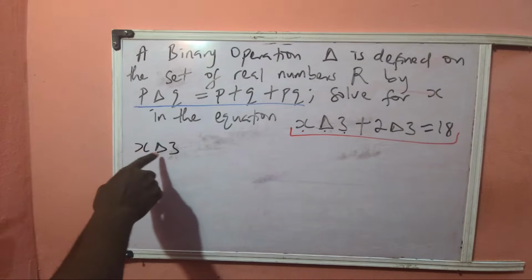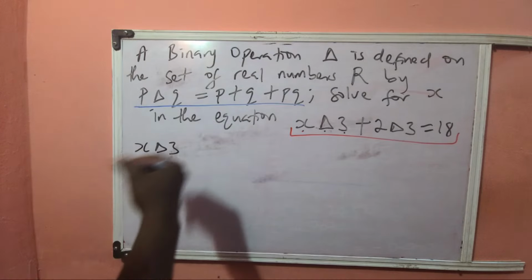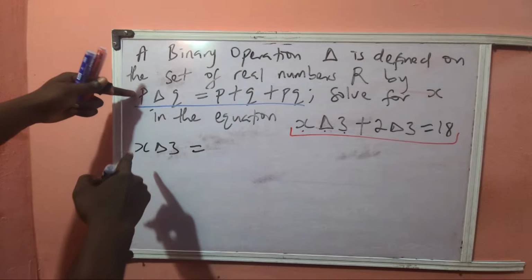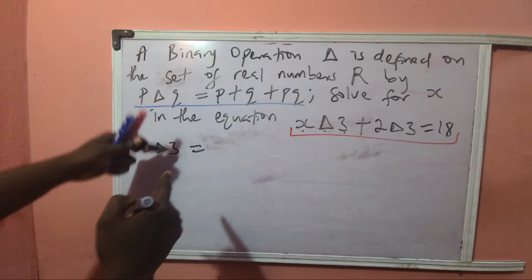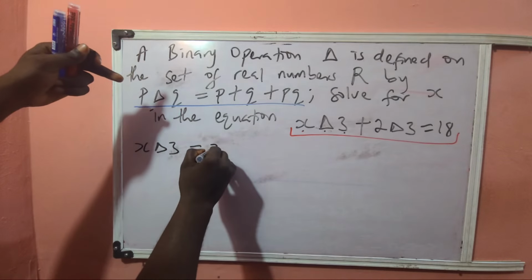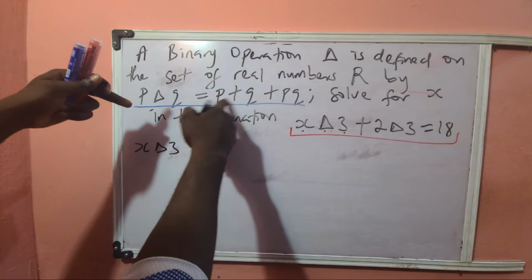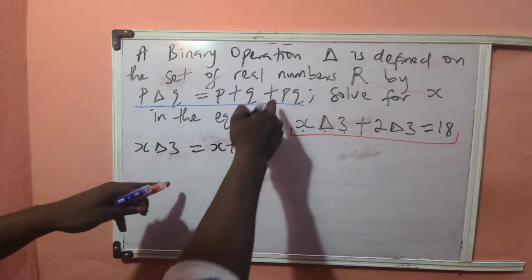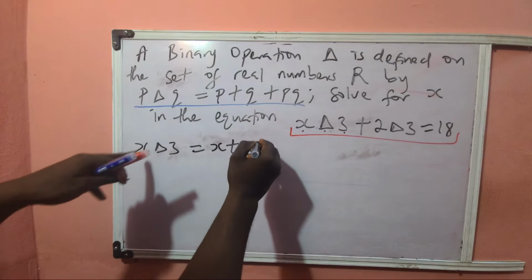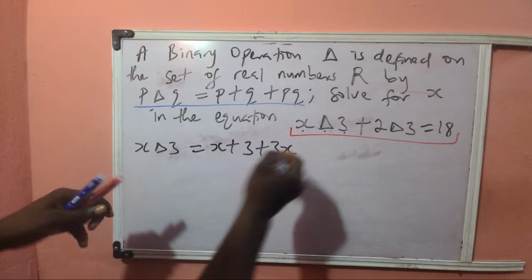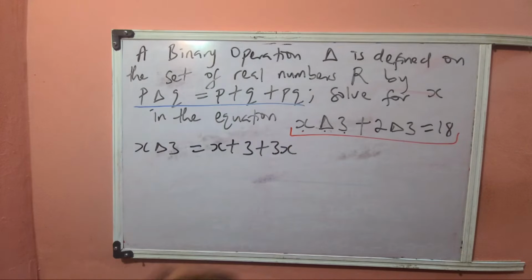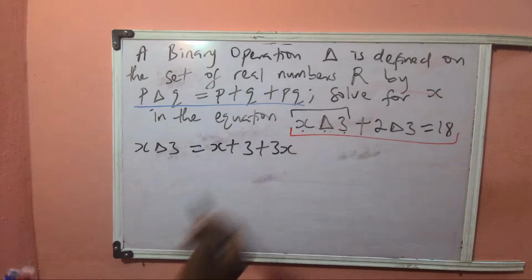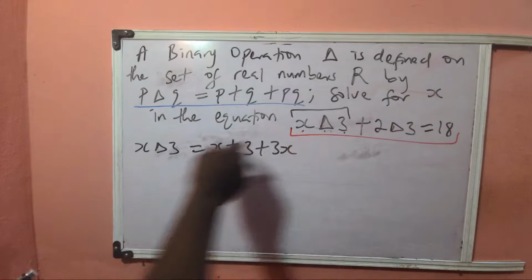So for x binary operation 3, p here is x and q here is 3. So we'll be having x as p plus q as 3, then plus p times q, that will be 3 times x, that will be 3x. So that's our value for x binary operation 3.